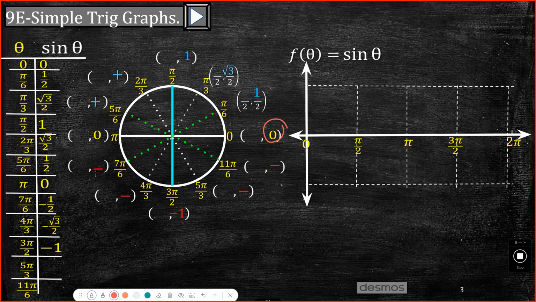Negative root 3 over 2. And everybody, sine 11 pi by 6. Anybody? Let's go. Negative 1/2 and whatever. Okay, good. Let's plot the points.